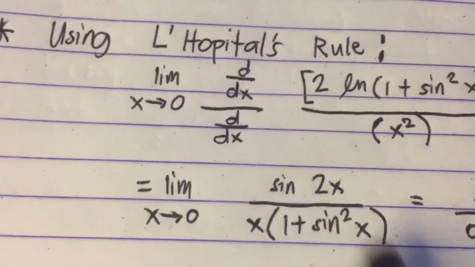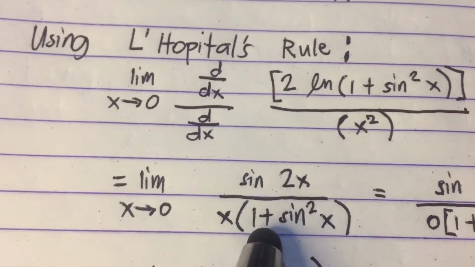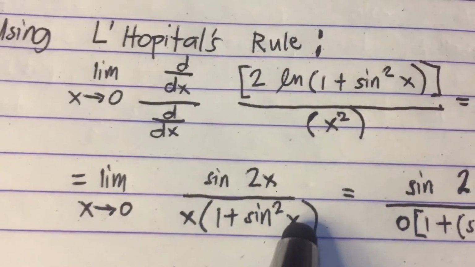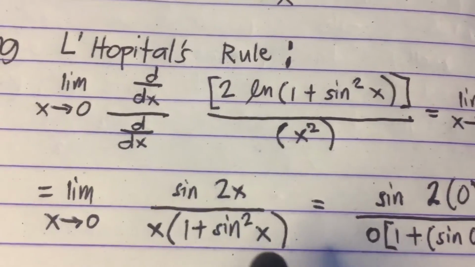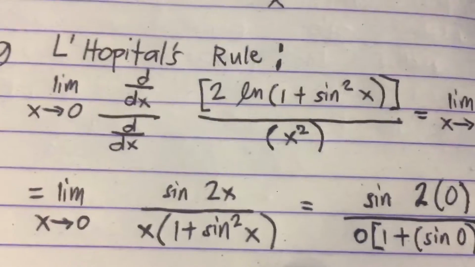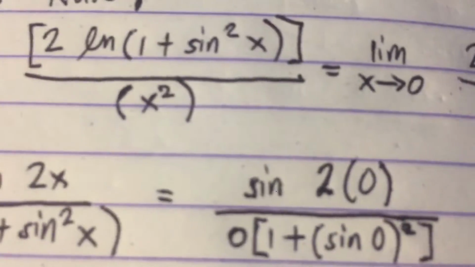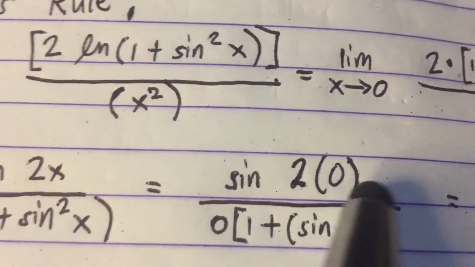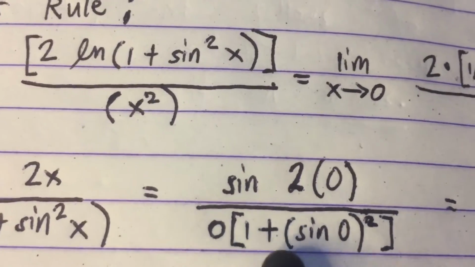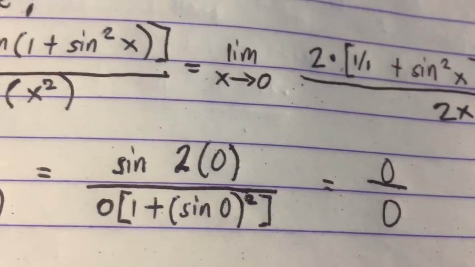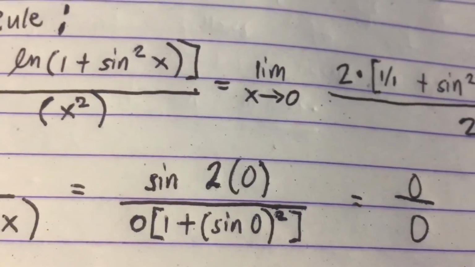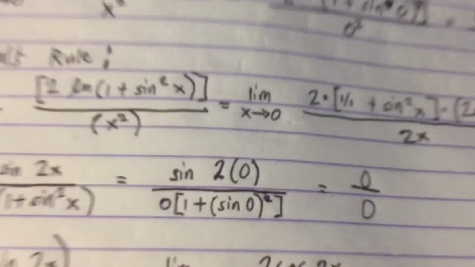Where is that one? x times (1 plus sine squared x). We will substitute the x here by 0. We have sine 2 times 0 over 0 times (1 plus sine 0 squared), which is equal to, again, undefined or indeterminate.